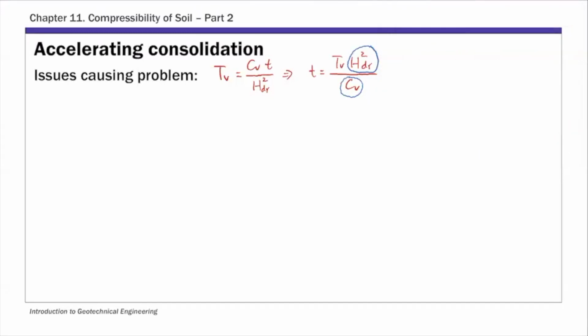So if you look at these two parameters here, this T is proportional to H_DR squared. And T is also proportional to basically inverse of this C sub V. In C sub V, we just showed, let me actually go back.